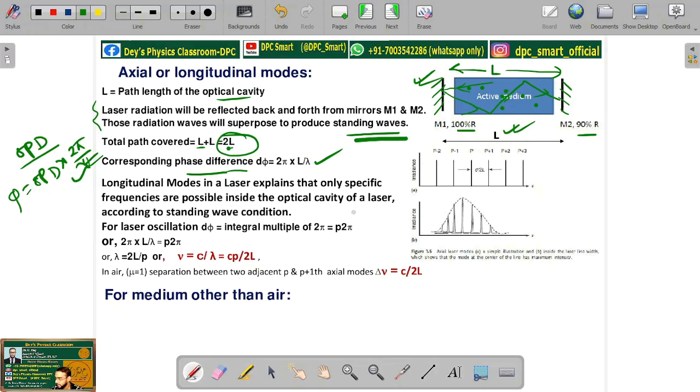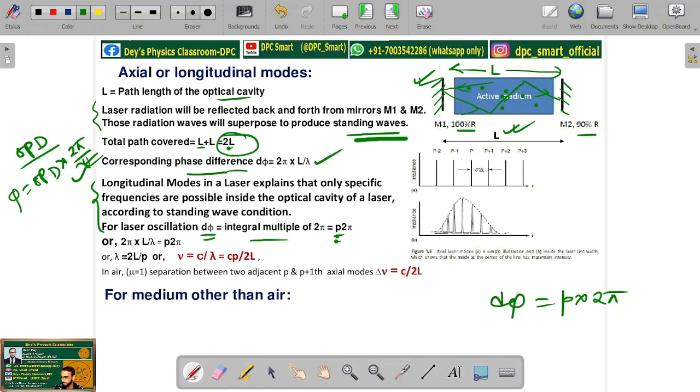Now longitudinal modes in a laser state that only specific frequencies will be present within the optical cavity of the laser, and according to the standing wave condition, the phase difference should be an integral multiple of 2 pi. That means d phi should be an integral multiple of 2 pi. Suppose that integral multiple is p, then d phi would be p into 2 pi.